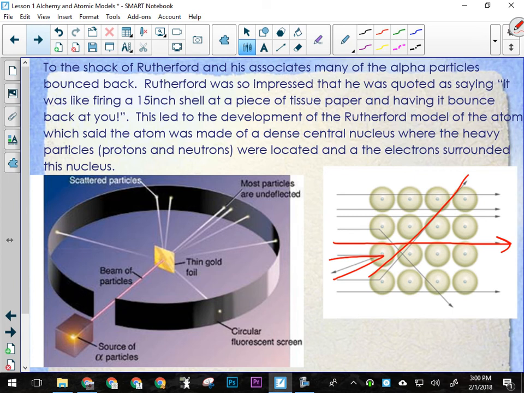And electrons are even smaller than that, so they never deflect particles ever. So this gold foil experiment proved that there is a central dense nucleus, but it's very, very small. Everybody follow there? All right, so that's Rutherford. He's super important because he discovered the nucleus. That's Rutherford's contribution. Rutherford discovered the nucleus.